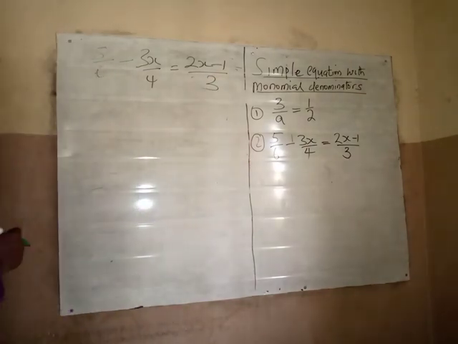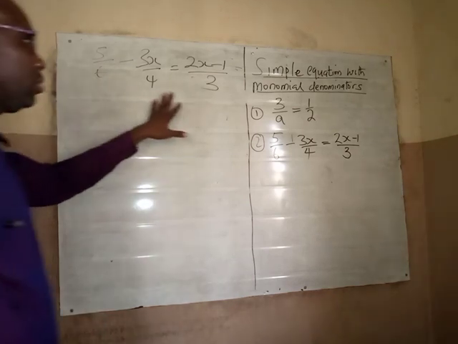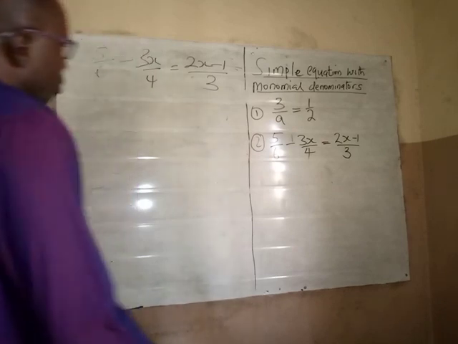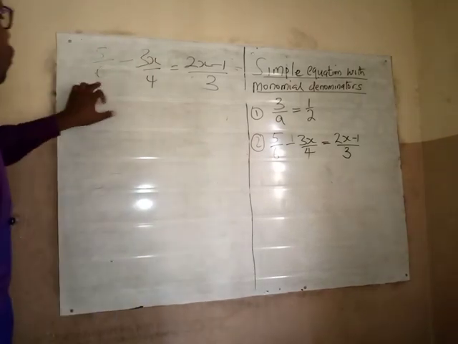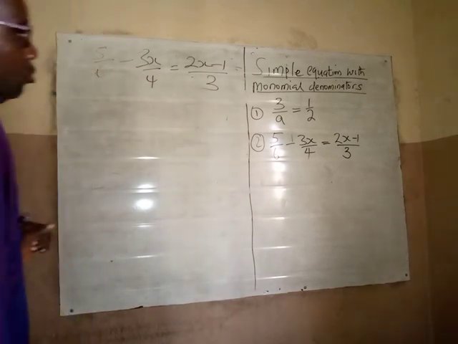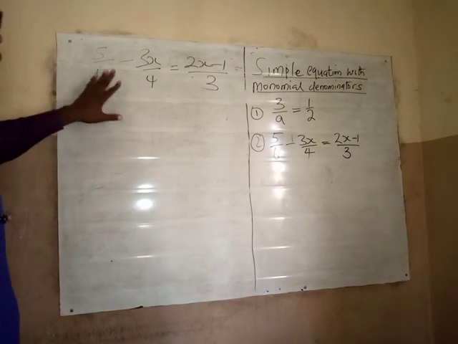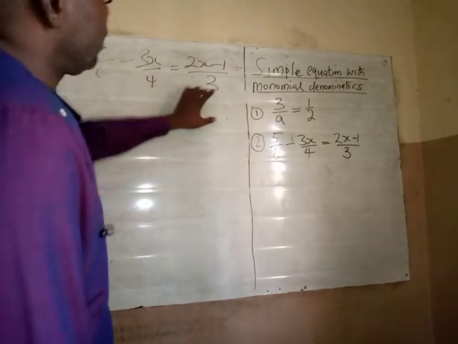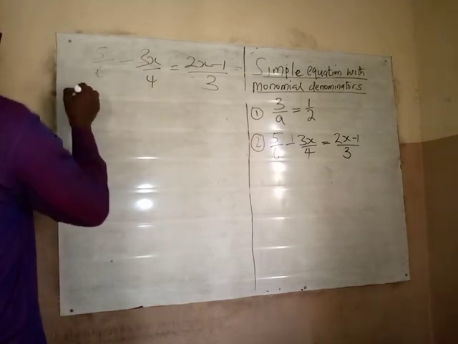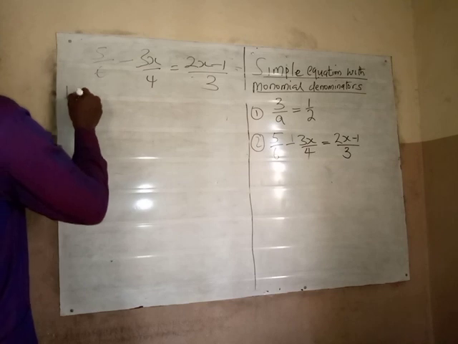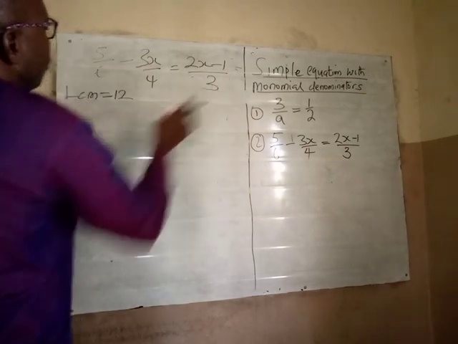I told us in lesson 1 that the easiest way of identifying the LCM of the denominators is to multiply them, or if you can think of any number that 6, 4, 3 are factors of, it's also an LCM. Like here, 12. 6, 4, 3 are factors of 12. So 12 is the LCM. So use 12 to multiply each of the terms.